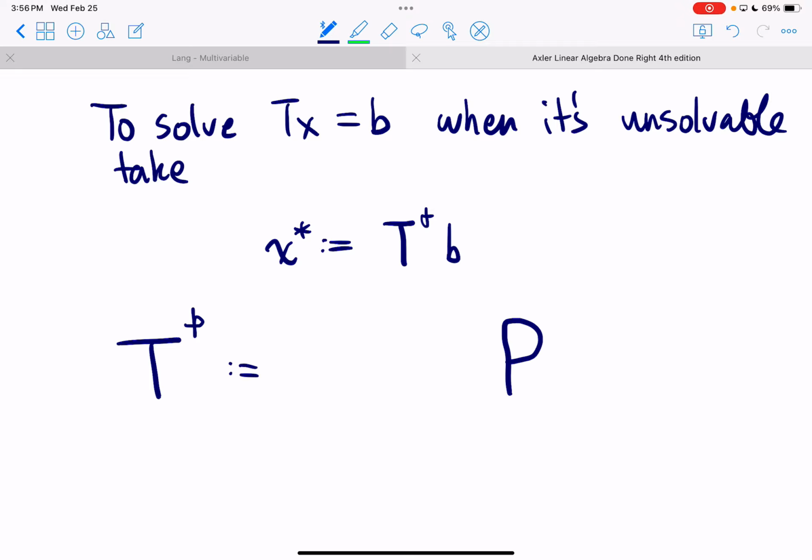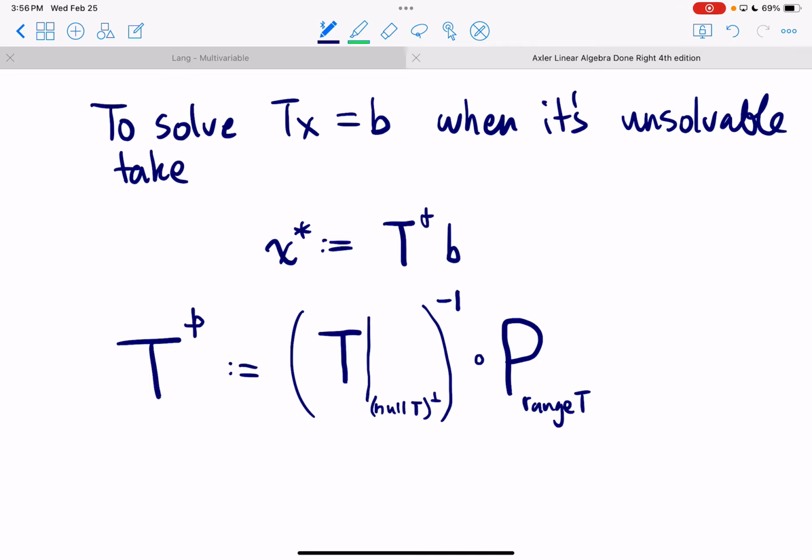We are going to, of course, orthogonally project onto the range. And after we do that, we are going to restrict T to the orthogonal complement of the null space. And we're going to invert that. And now we're going to stare. We are so close to understanding this ridiculous formula.